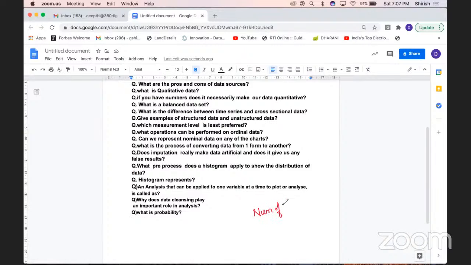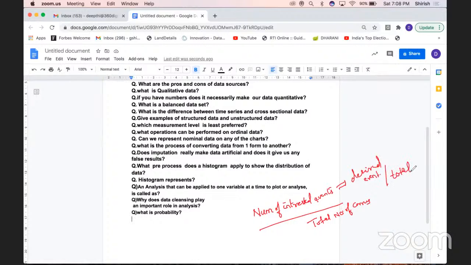The number of interested events by the total number of outcomes. When we say interested events, this would be the desired event, the desired event by the total value.